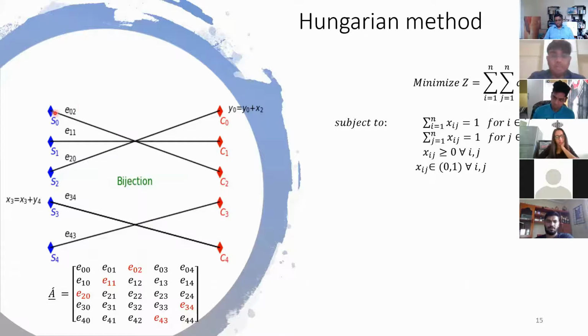So what you see here is a bijection, and a bijection is basically the relationships that are made between two sets of disjoint data, such that there is exactly one edge that connects a vertex from the first set to a vertex of the other set. And obviously this makes sense because you cannot have more than one employee for the same position in a company. Say there are only 5 positions available.